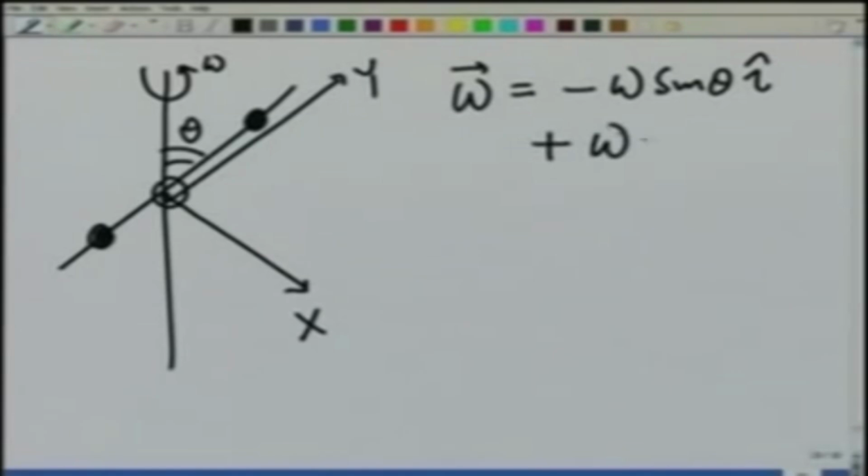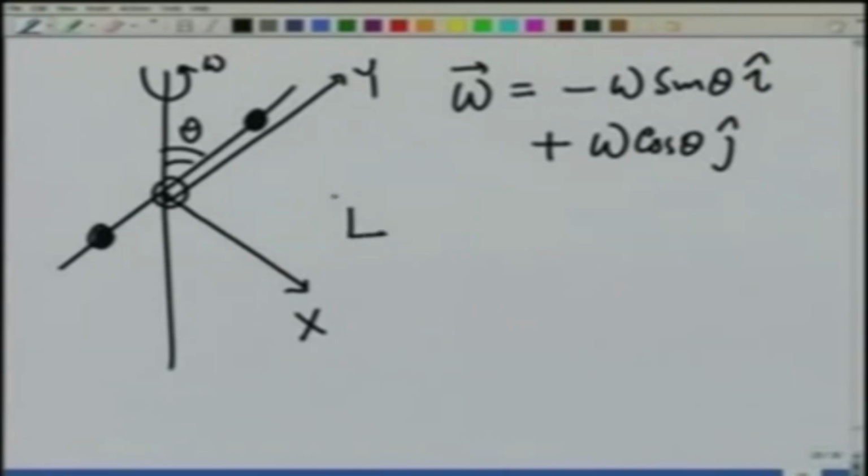Now, at this given position, omega has two components: one along the negative x axis, which is minus omega sine theta i, where i represents the direction of the principal axis x, plus omega cosine theta j, and there is no z component.